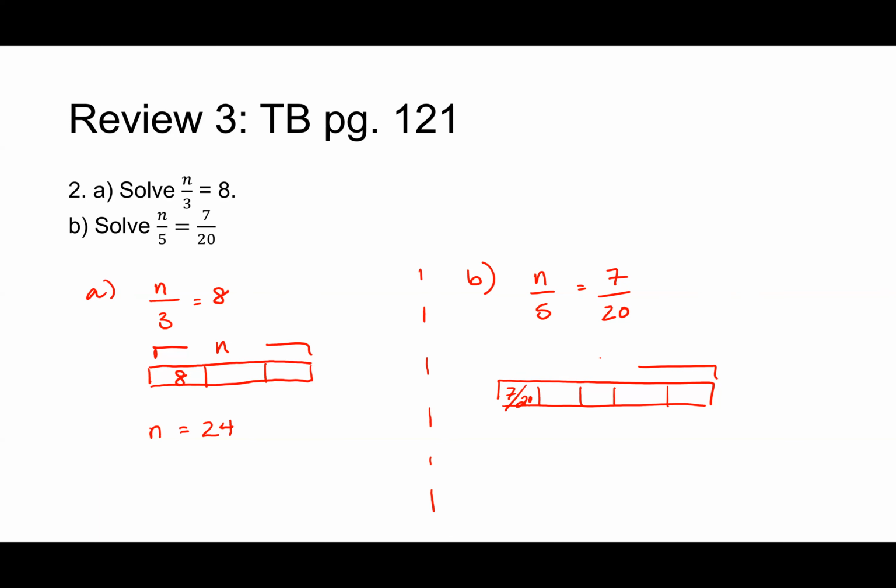I don't like where my n is. I'm going to fix it. Okay. How do I figure out what n is? Kala? Multiply by what? Do I have 7 units that n has been divided up into? By 5. Good. So I'm going to multiply 5 times 7/20.